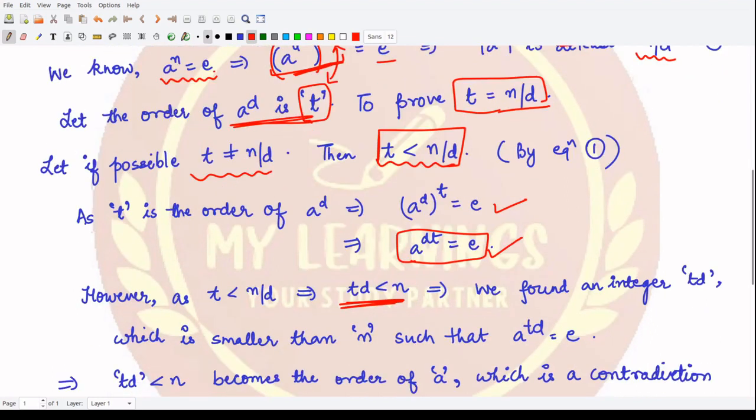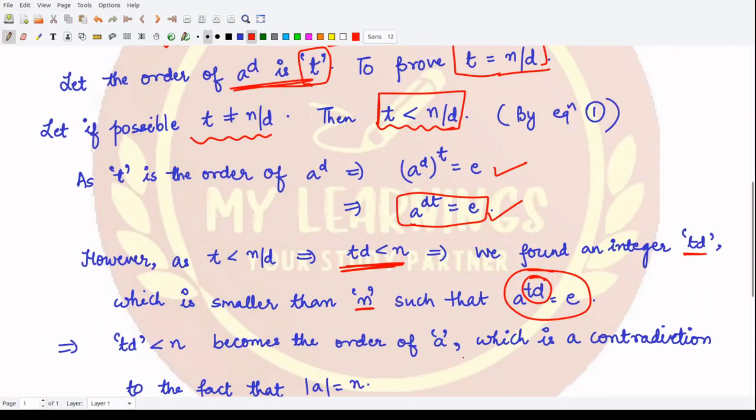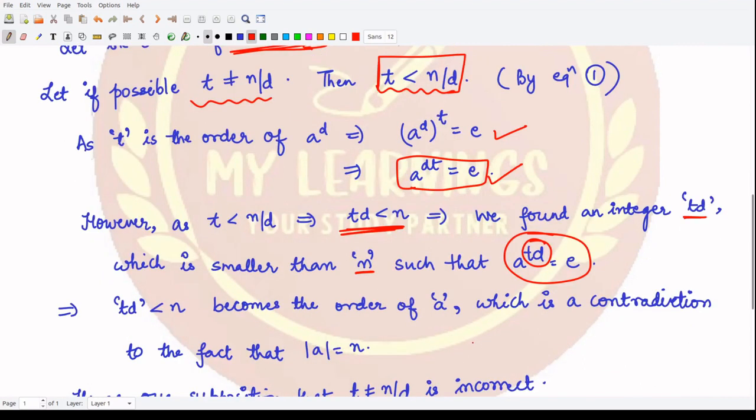So therefore we found an integer td which is smaller than n, such that A raised to power td is e. That means this td becomes the order of A. However, we are given that the order of A is n, so no number smaller than n could be the order. So this statement is not correct.